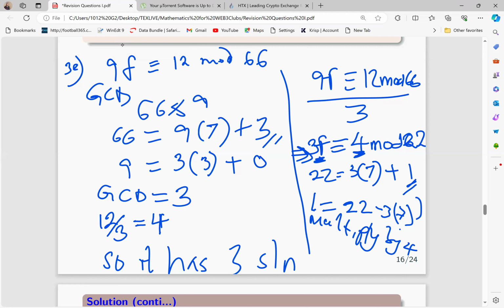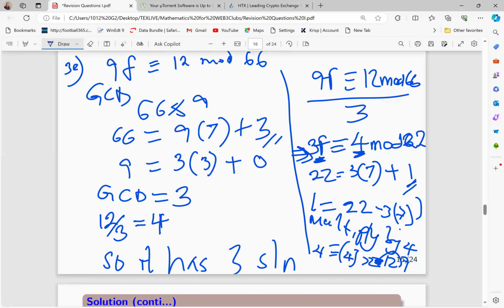The entire equation. When you multiply the entire equation by 4, you have 4 is equal to 4 multiplied by 22, and then here you have -12 multiplied by 7. Is that okay? This 7 you don't multiply by the 4.